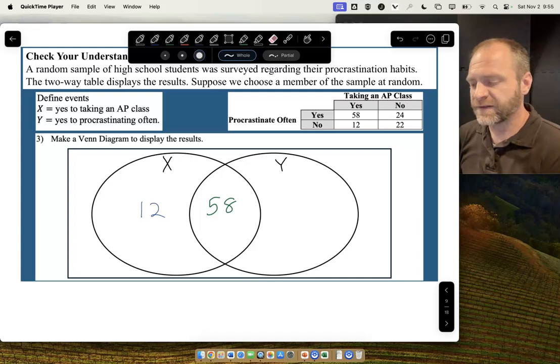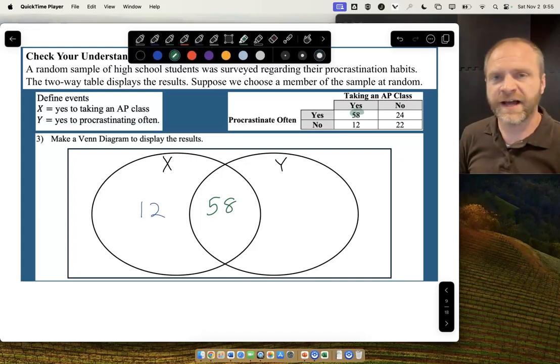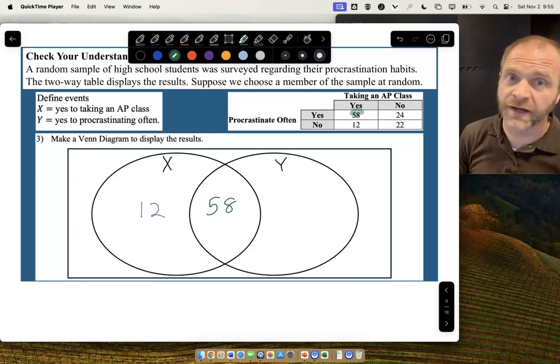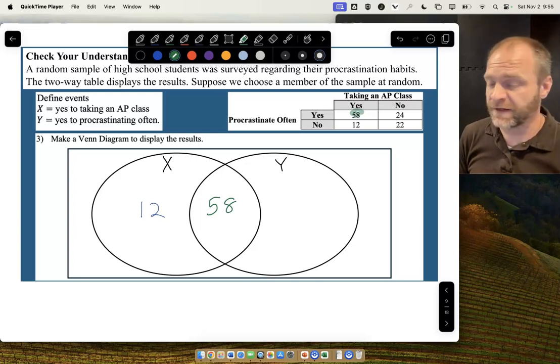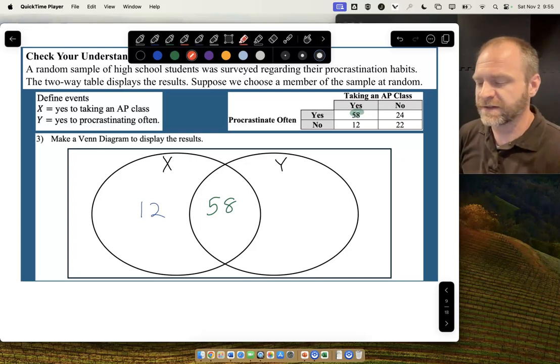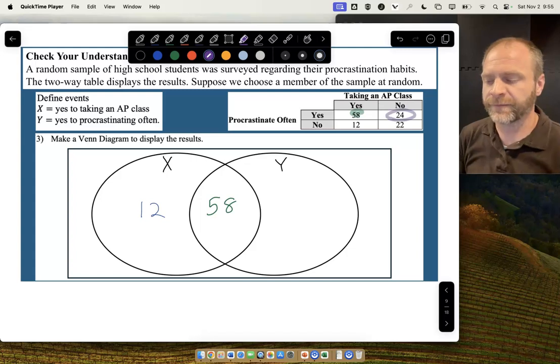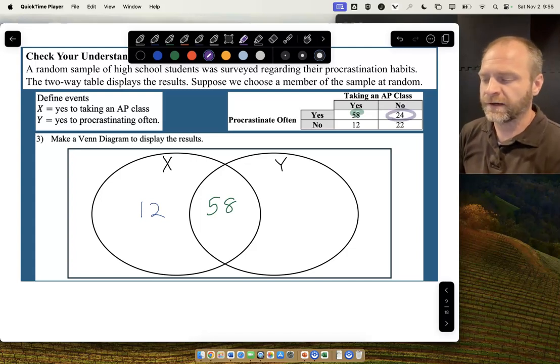So let's see where we go next. I do have still that 58 where they intersect, but now I'm looking at event Y, which is yes to procrastinating. Well, we know 58 do. Those 58 take AP classes, but we also can see that we have 24 that do out here. Those 24 need to be accounted for as well, so they're going to be here.